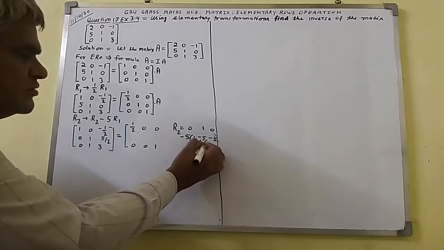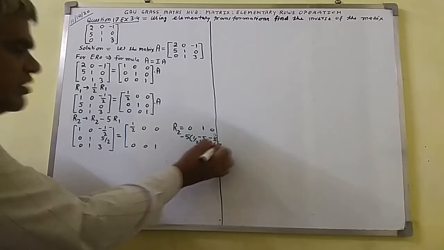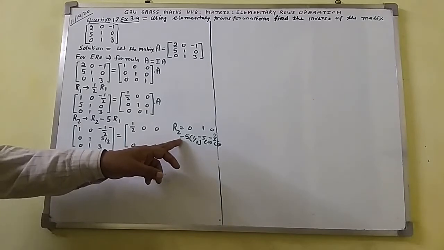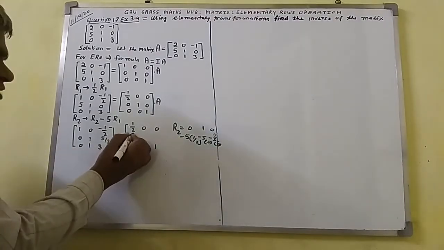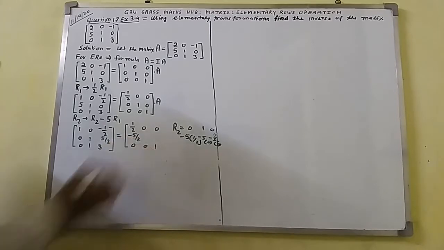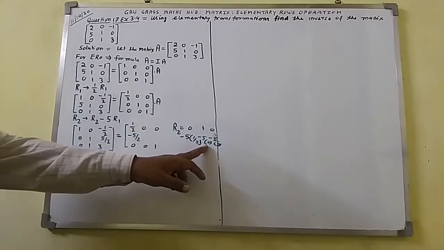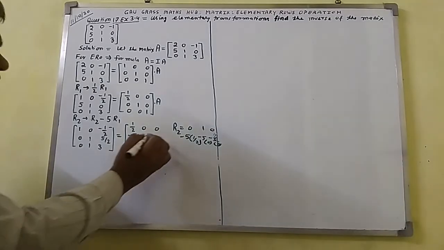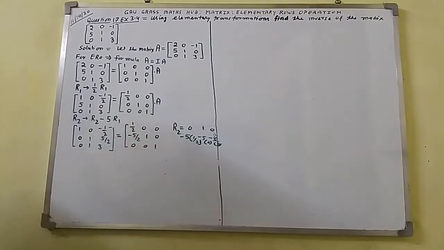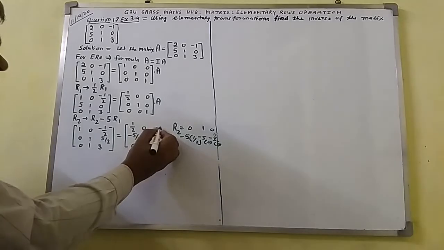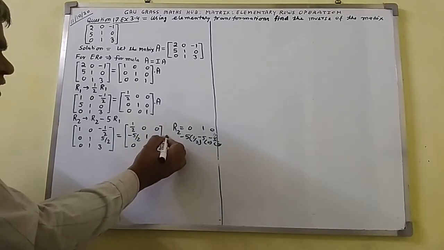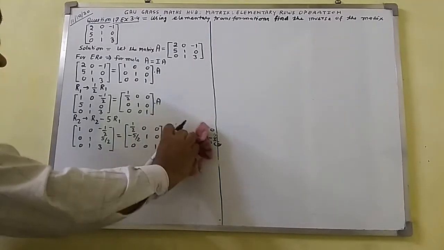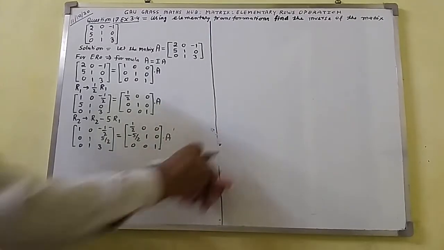Here write 0, this will become 0, R1 I have taken 1. So here we will get minus 5 over 2. This one 0, this one 0. So here you will get only 1, 0. Right, like this. Closing of square bracket will be done. Dot A will be written. This will be erased after calculation.